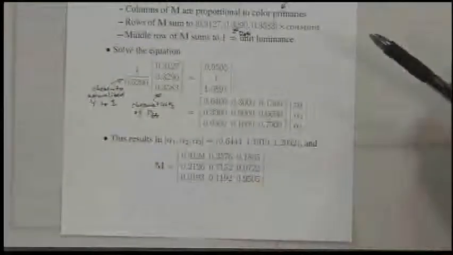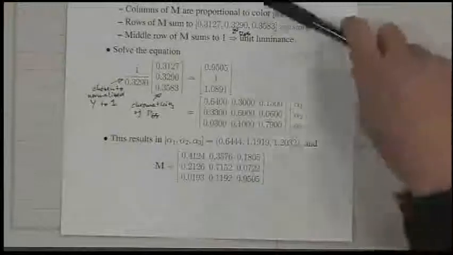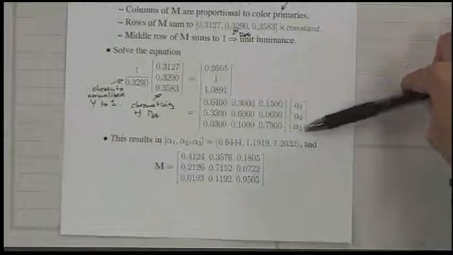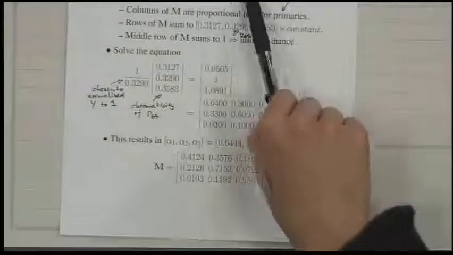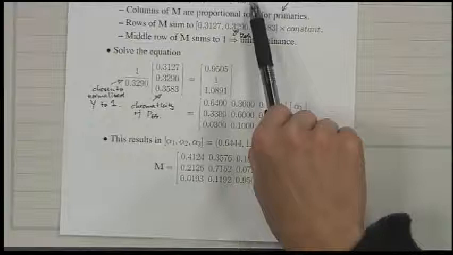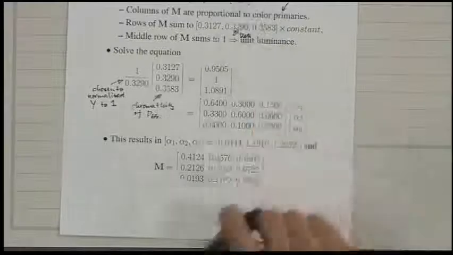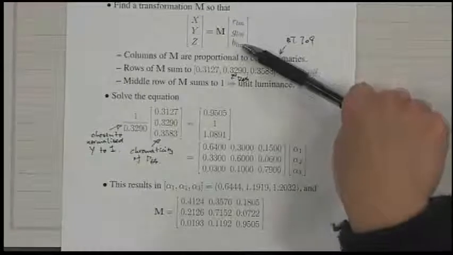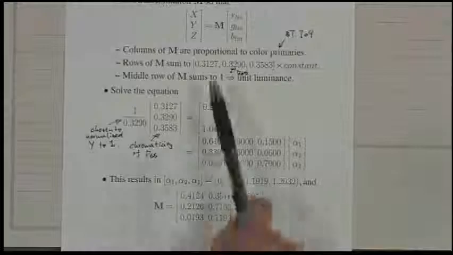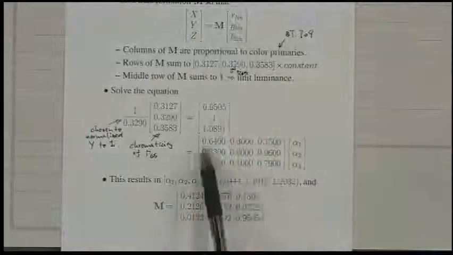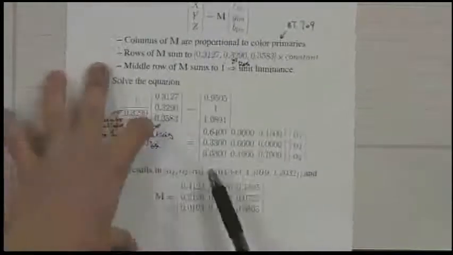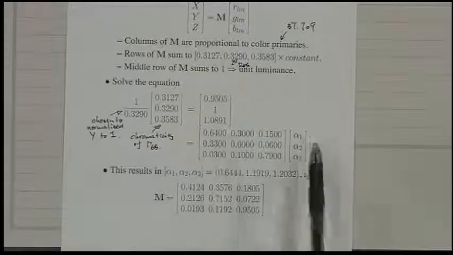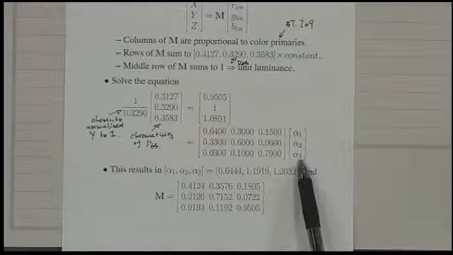And then after we know the form of M, we need to set up the equation to find the values of alpha 1, alpha 2, alpha 3. On the right-hand side, we put the RGB value to be 1, 1, 1. Then M times 1, 1, 1 would be in the form of the 3x3 matrix of the chromaticity of the primaries times the vector alpha 1, alpha 2, alpha 3.